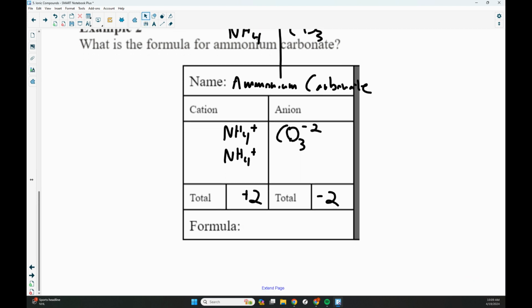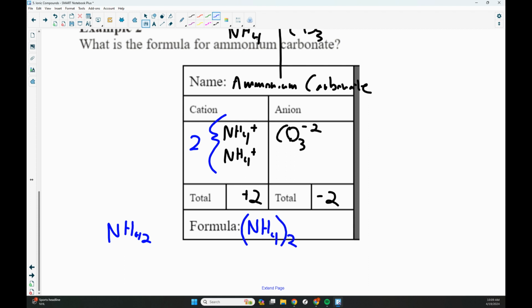Here's where it's a little bit tricky, and you really want to pay attention to this. We need 2 ammoniums. So I'm going to put NH4 down here. But I'm not going to put a 2 subscript just next to the 4 because then it looks like I have NH42, which is definitely not the case. So I need to put the whole polyatomic ion, NH4, in parentheses.